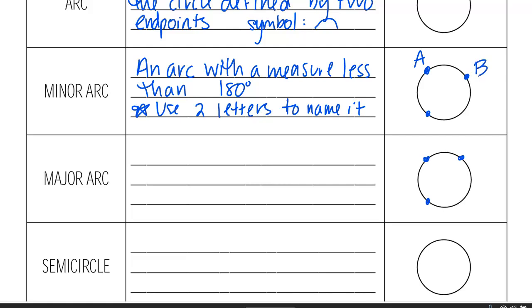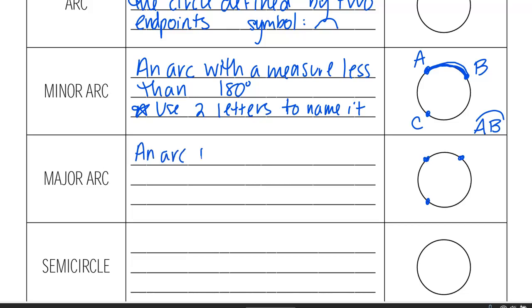So this is A, B, and C. A minor arc would be like AC or AB because you can see those are less than 180 degrees. If we were to draw this arc, we would highlight here AB, and we would call that piece arc AB, minor arc AB.